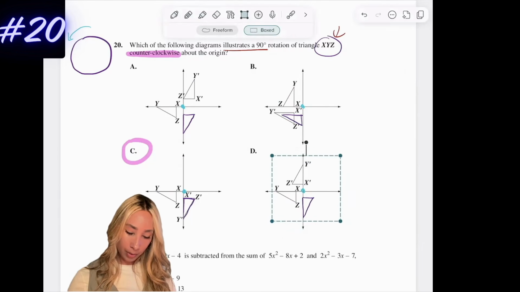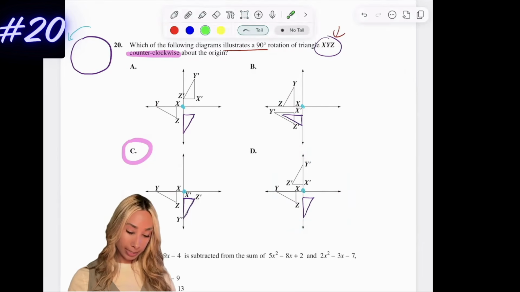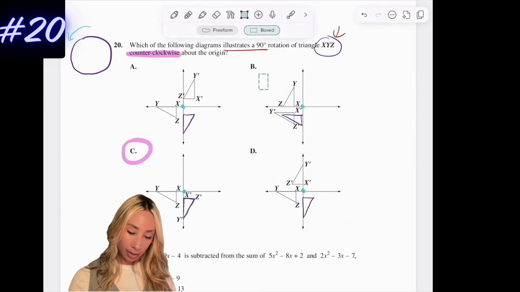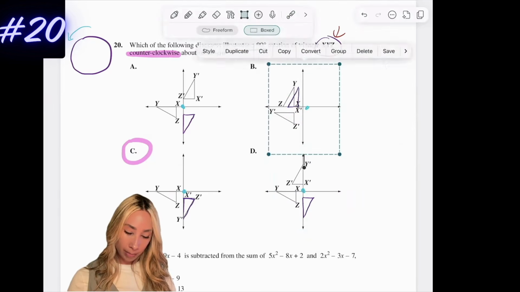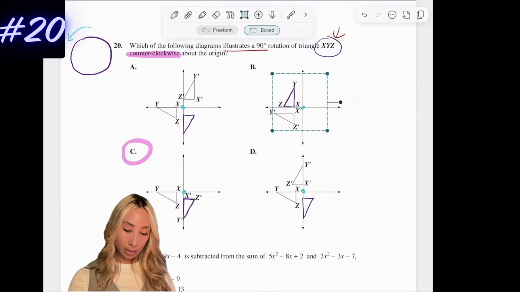Okay, so all of those have been rotated 90 degrees. What is interesting is it does look like this could be an option, but I'm actually going to show you that back. In the original diagram, it looked like this. So there's my origin and my triangle. When I rotate it 90 degrees, there's my turn.